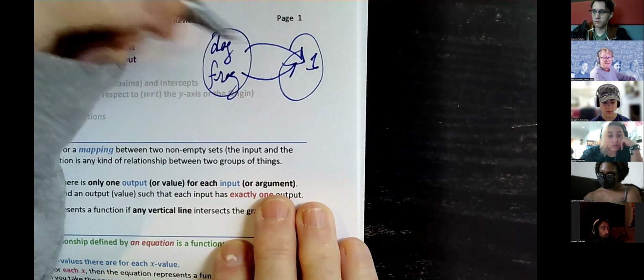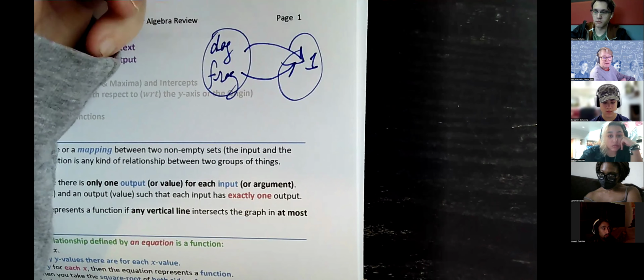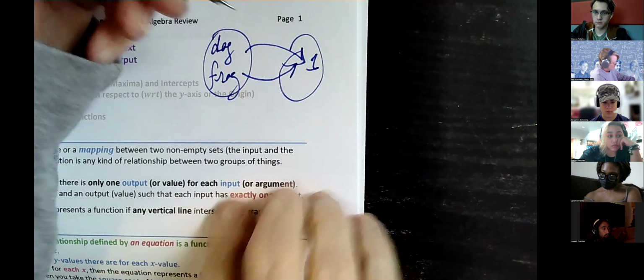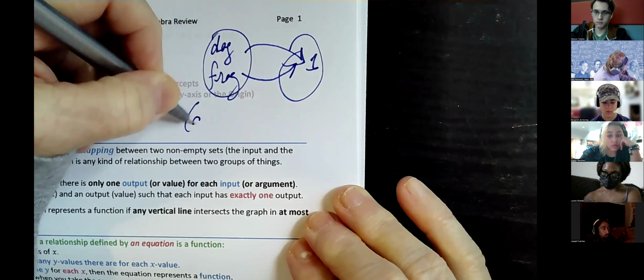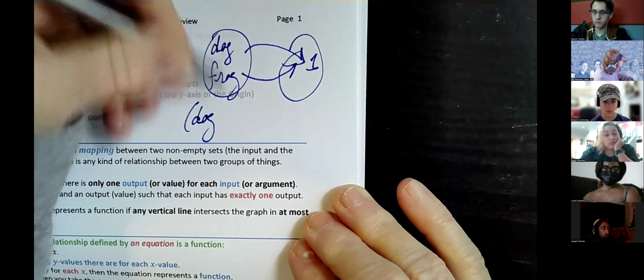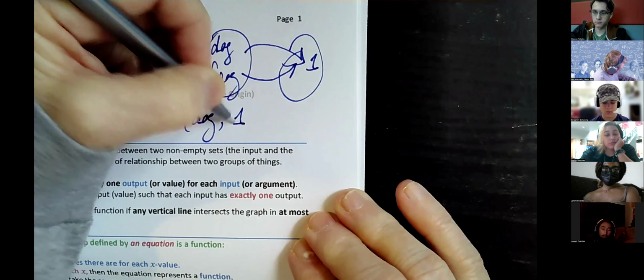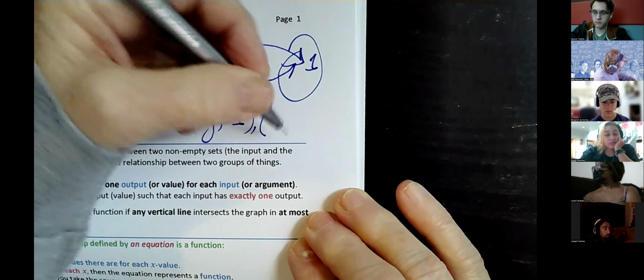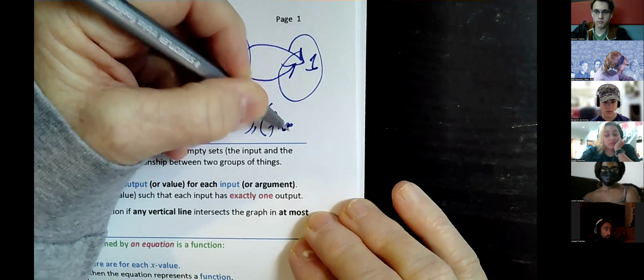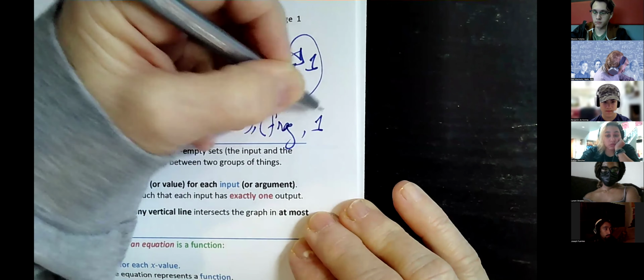And if we wanted to write the elements of this mapping, we could say there's dog, that's an input, and the output is 1. Frog, that's an input, and the output is 1.